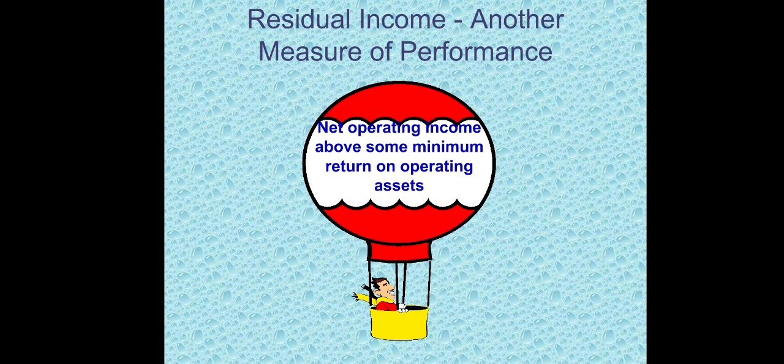Traceable fixed cost can be allocated to different segments, but common fixed cost cannot be allocated. And you have seen in the previous lecture, if you allocate common fixed cost to different segments in the business, the segment margin will not show the true performance of the segment.